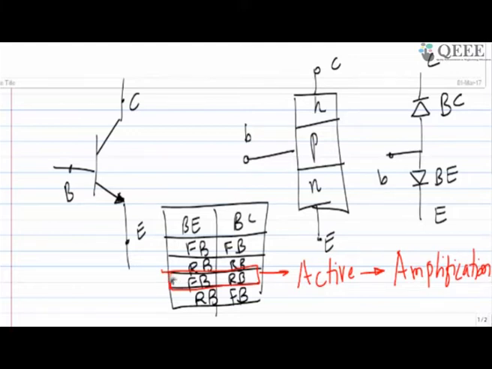This is very important: you have to keep your transistor in the active mode of operation. If it is not there, then you cannot get amplification. You will get only some linear relation.